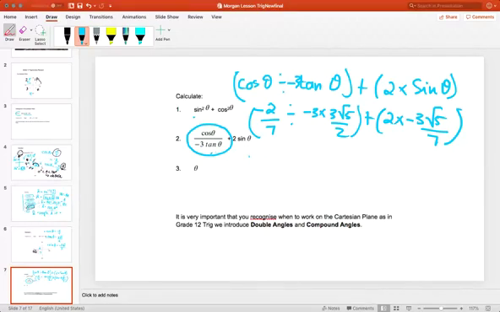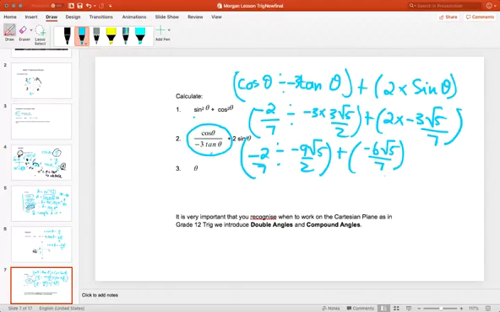Okay, so now we've got negative 2 over 7 divided by negative 9 root 5 over 2, and here we're going to get negative 6 root 5 over 7. And over here, we must remember the tip and time story.